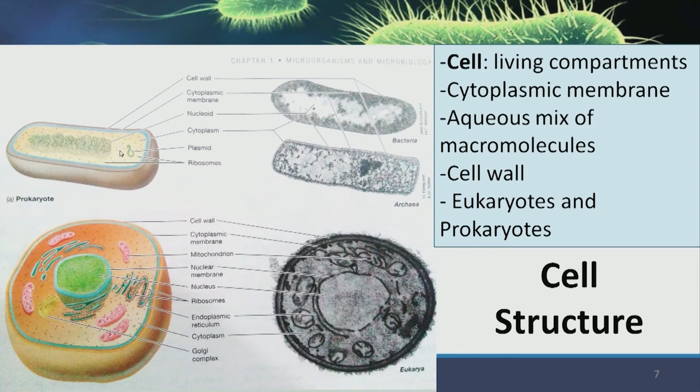This yellow liquid is cytoplasm, which is an aqueous mixture of biochemicals that are necessary for survival. So it has carbohydrate, it has proteins, it has some polar compounds as well. This green 8 here is the plasmid, and we'll talk about it in the next lecture in more detail, but for now it's important to know that most of the genetic material, what is genetic material?